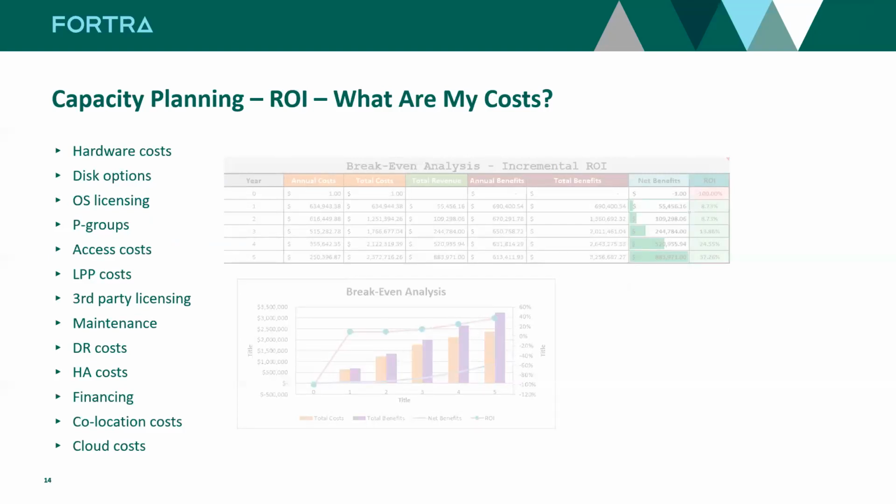Yeah, and now that we discussed the server options and how the licensing is determined, the possibility of consolidating workloads and what the capacity plan is, you need to put all of this together, and you need to do a return on investment analysis. So you need to consider all of the costs. You need to consider the hardware costs.